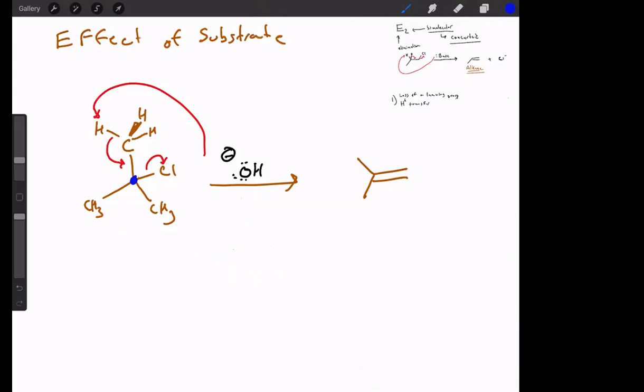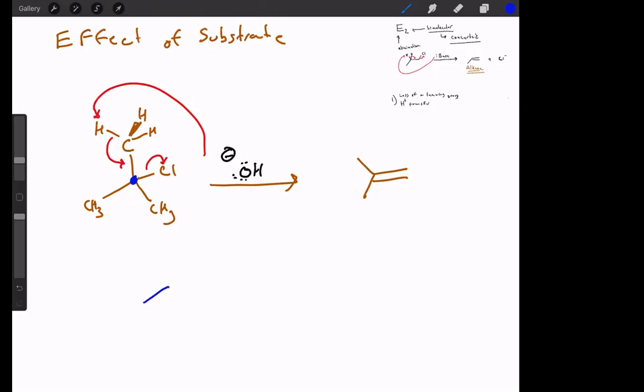And the answer to that question is no. These hydrogens are sticking out in the open. There's nothing that's preventing the hydroxide from doing a proton transfer. So when the substrate is hindered, you don't have a problem with an E2 reaction happening.